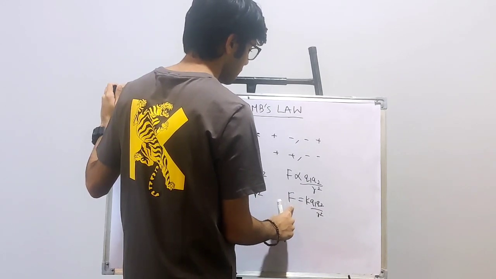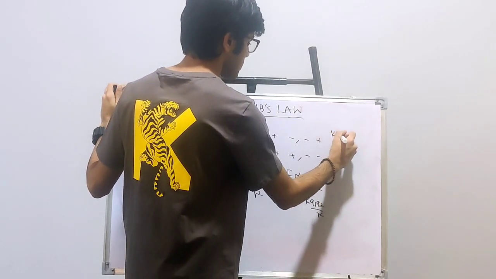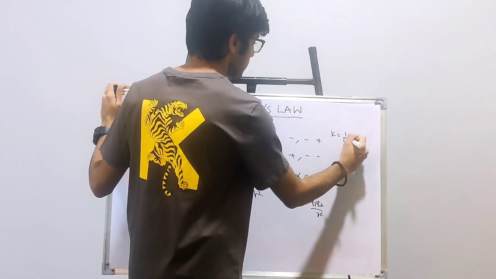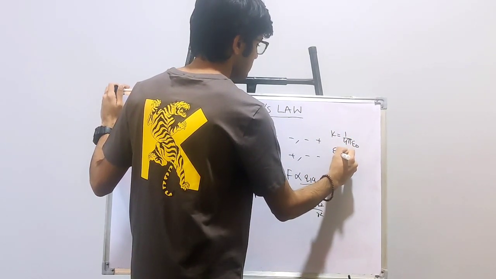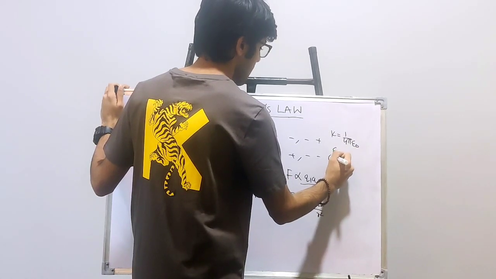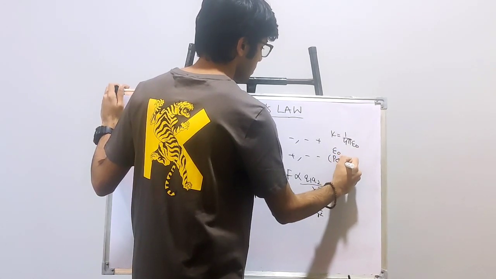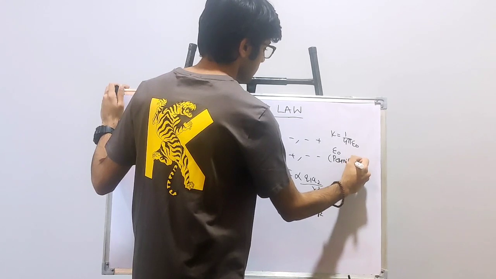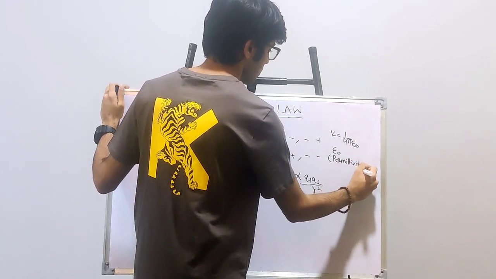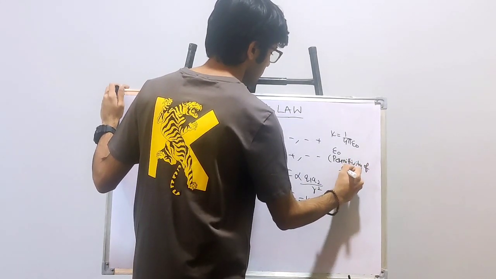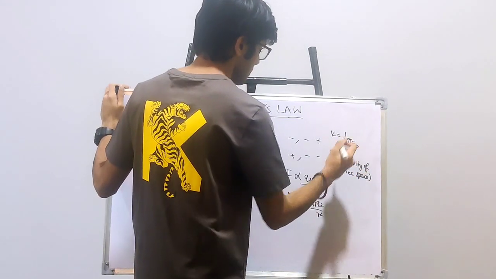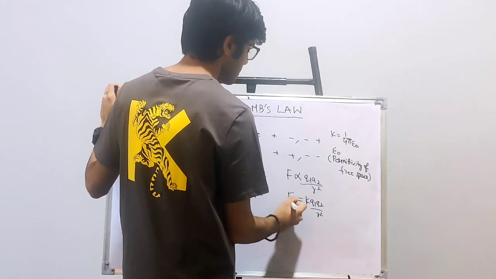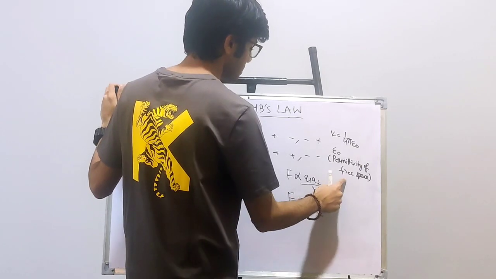This is the electrostatic force, and K is equal to 1 upon 4 pi epsilon naught. So basically epsilon naught here is the permittivity of free space. So this is also F naught, you can say. This is the electrostatic force in free space.